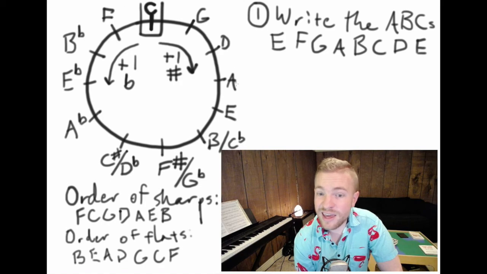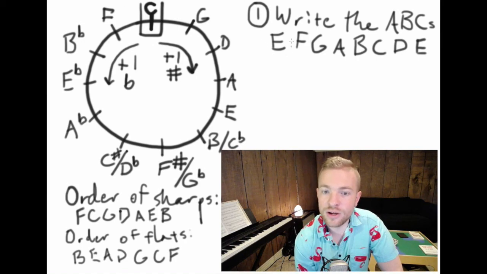So if I was doing the key of A, for example, it would be A, B, C, D, E, F, G. If I was doing the key of D, it would be D, E, F, G, A, B, C. You're just going to write the musical alphabet in order, starting on whatever note is the root note of your key, ignoring the sharps and flats, okay? So this is our first step for the key of E flat, just writing E, F, G, A, B, C, D, E.